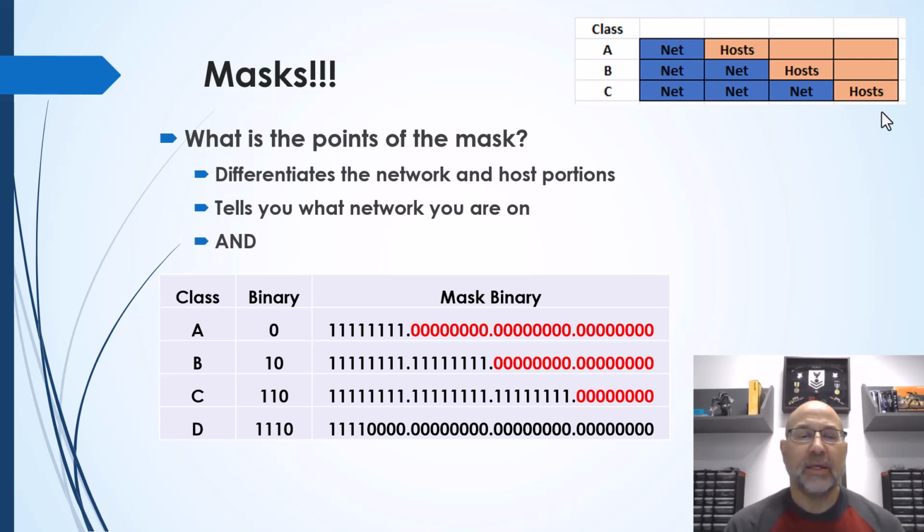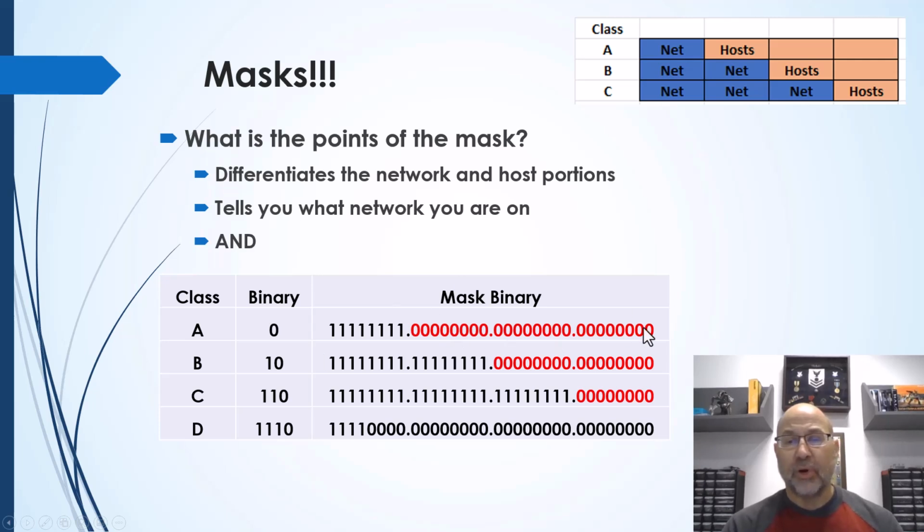If we take the Class A networks, 0 to 127, if you took that first octet and converted them all to binary, what you would find out is that the first digit in the binary for all of those is 0. And the default mask of 255.0.0.0 in binary looks like this here, right?